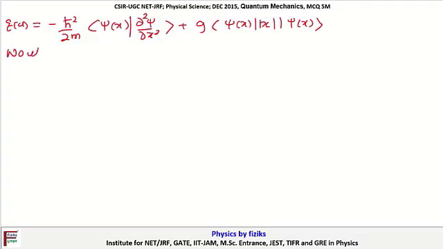Now determining the value of the first inner product.